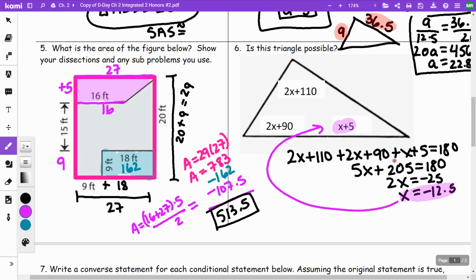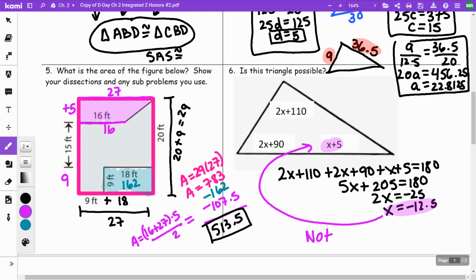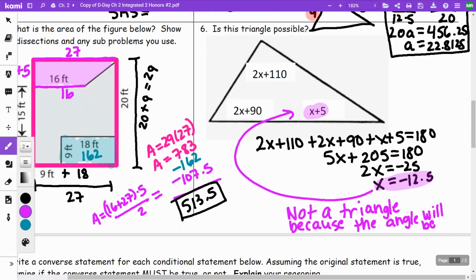It's going to give me a negative angle. So not a triangle, because the angle will be negative. The other two will not be, but this one will be negative, and that's enough.